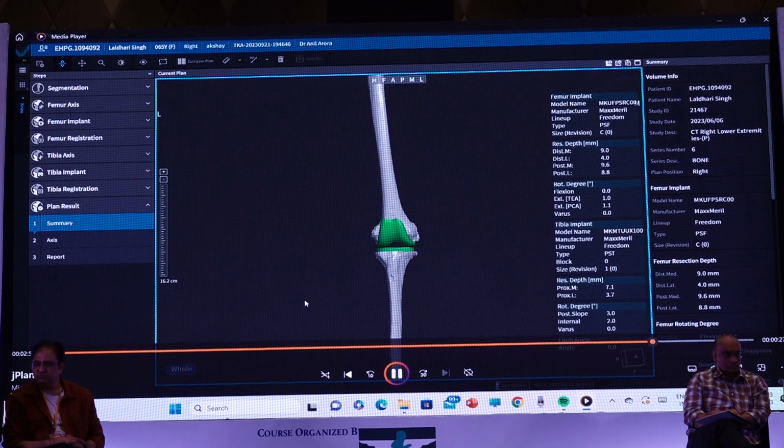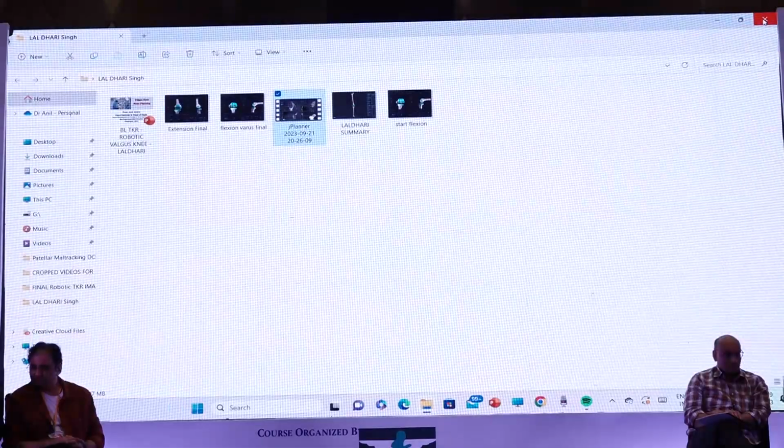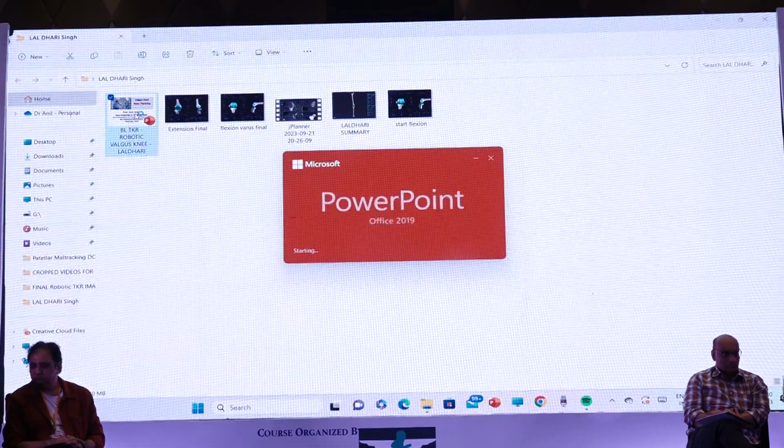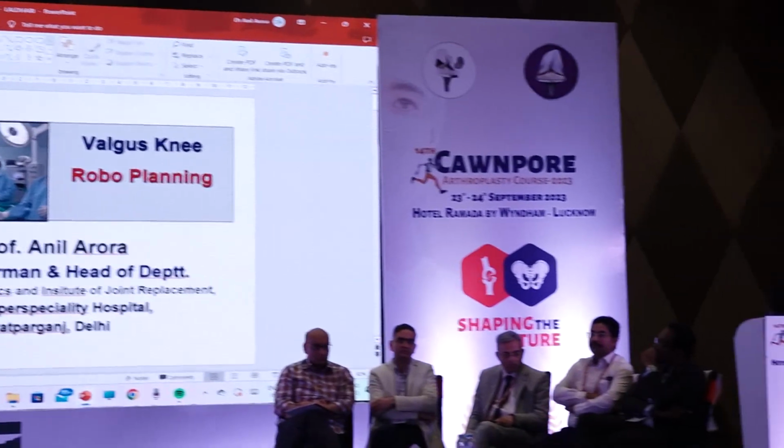So taking summary now, we had planned for mechanical axis. I'll show you the summary of the planning we did in a slide.